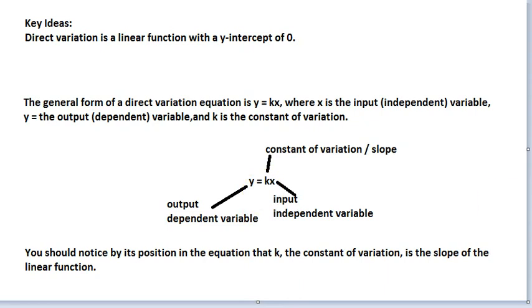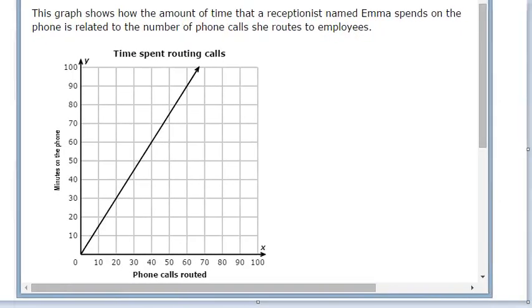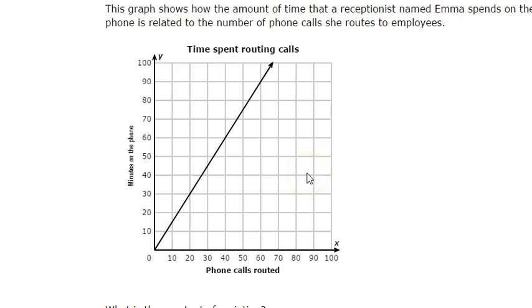So what that means is this: if you're given a linear function like this one, and you're asked to find the constant of variation, what you need to do is find the slope of the function. And slope is rise over run. So I'm simply going to pick some points, and as I go along here, I'm going to find a point that hits a nice crosshair right there.